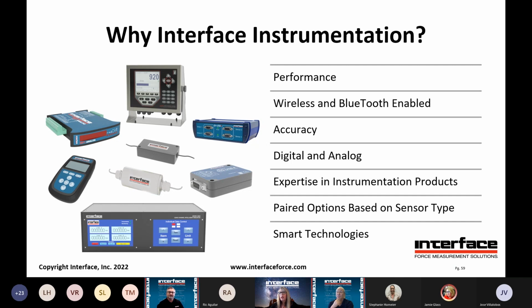Any other questions that come to mind as you've gone through this presentation a few times, Ken and Keith, that you think would be helpful when people are getting started with assessing their instrumentation requirements? We've talked about this selection guide. What other tips could you provide? Obviously, call Interface and talk to the application engineers.